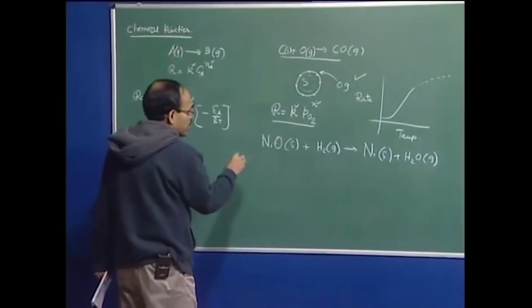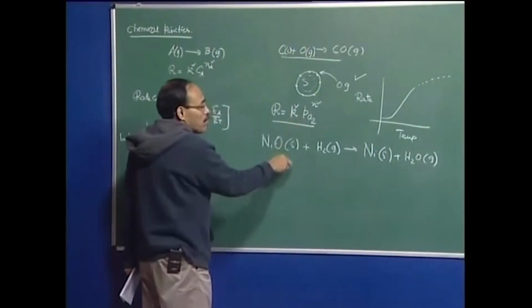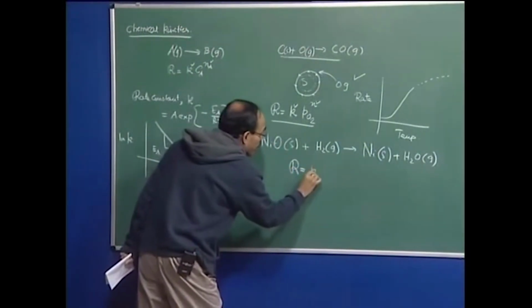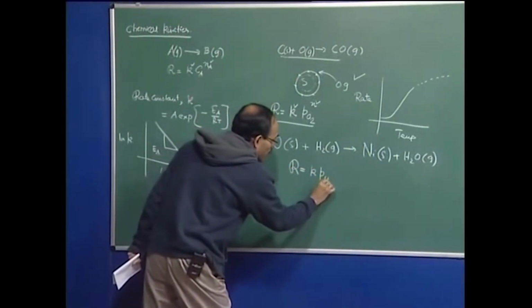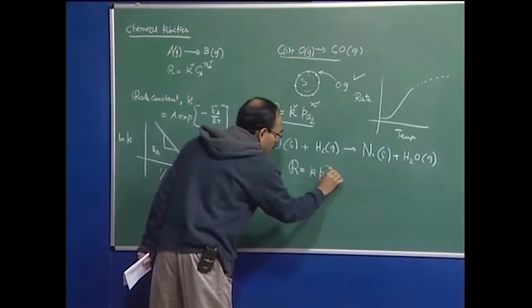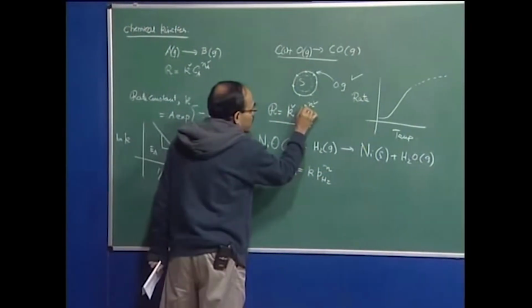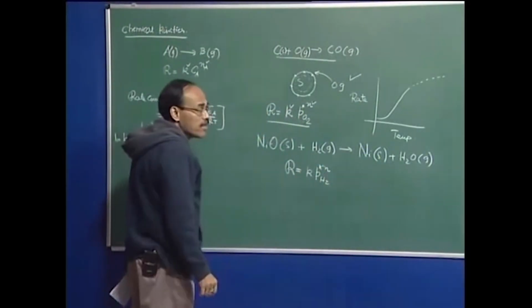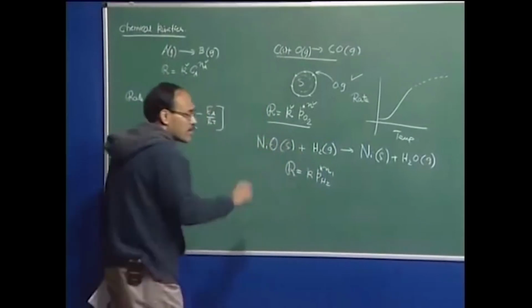If you consider this, a similar kind of expression will come, and therefore the reaction rate will come out to be proportional to the partial pressure of hydrogen, and this is the surface concentration I am saying. Okay. So, this is N1 and that is the rate.